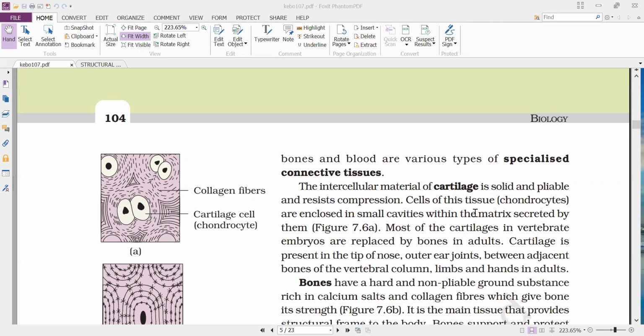Most of the cartilages in vertebrate embryos are replaced by bones in adults. That means in embryonic stages we find cartilage, but as the organism becomes adult, it is replaced by bones, for the most part.